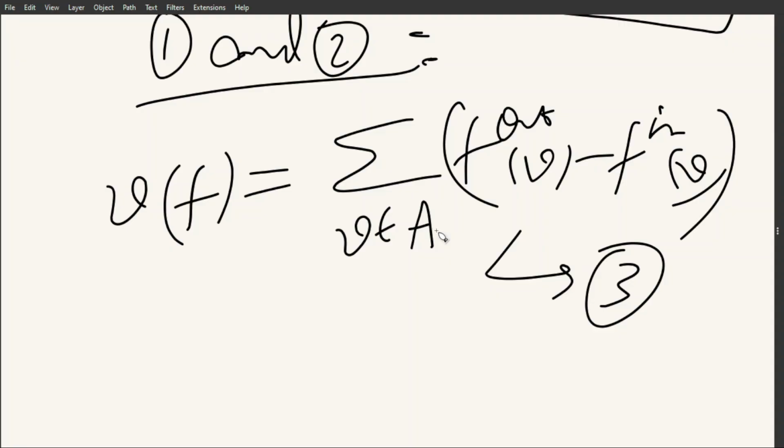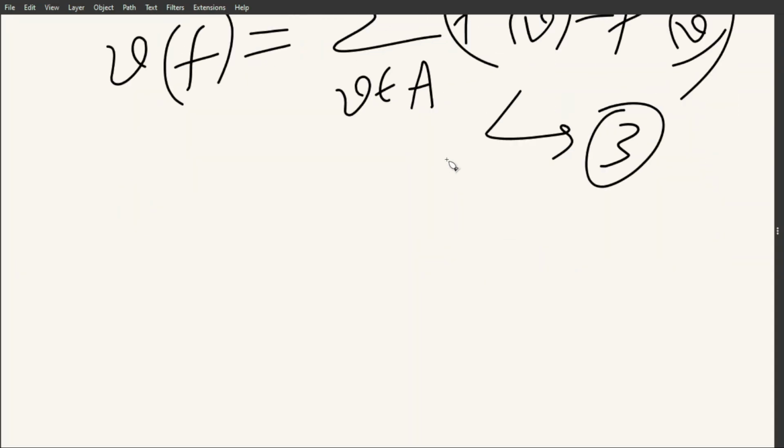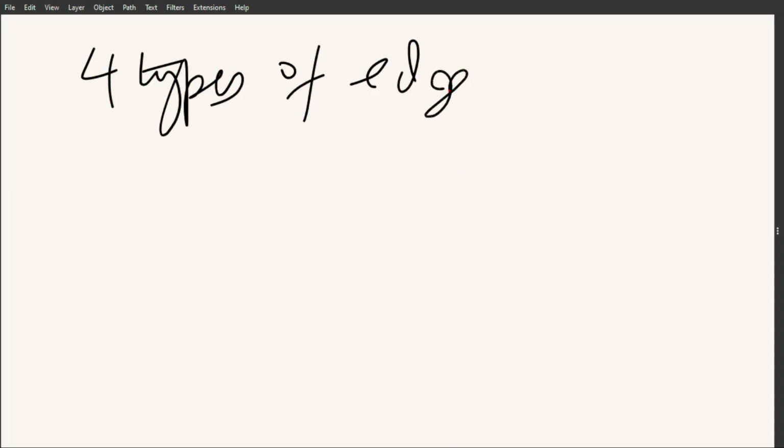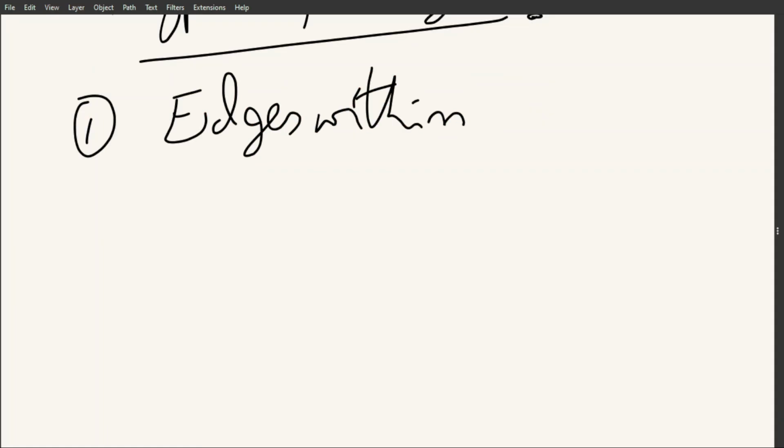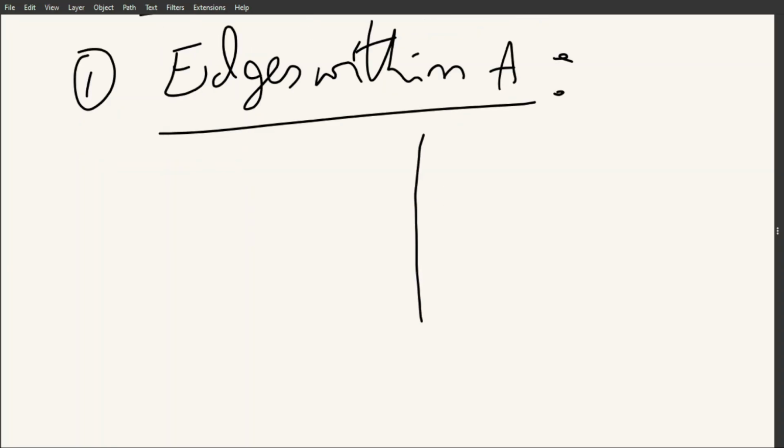Now we identify 4 types of edges, and we consider each case one by one. So first are edges within A. Here we have the boundary between A and B. This is A, and let the edge go from V1 to V2.